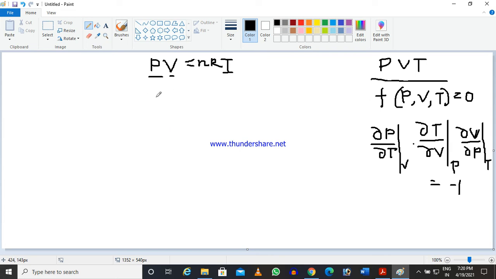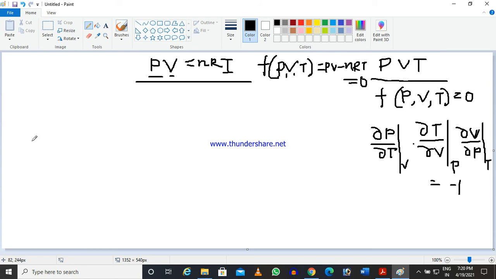So from this relation, the function f(P, V, T) is basically PV minus nRT, that is equal to 0. So this is the function.